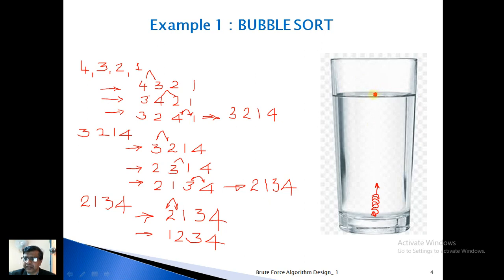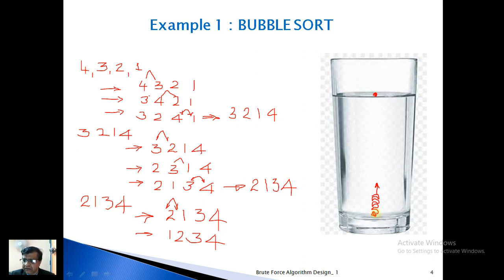So this is a simulation of arranging things in ascending order. If you go down, it is arranging things in descending order. Or if you drop a bubble of mercury, it will descend, replacing all the molecules of water which are lighter than it, and it will occupy the bottom position of the container. This is how bubble sort works.